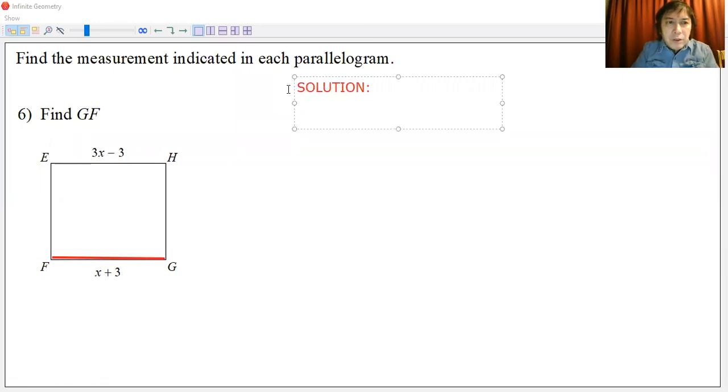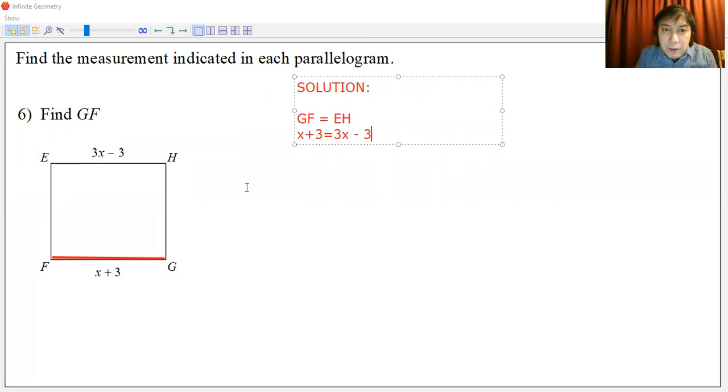So in our solution, GF is equal to EH, okay? And then we will write the working equation. So GF or FG is x plus 3. And this is equal to EH, that's 3x minus 3 there.